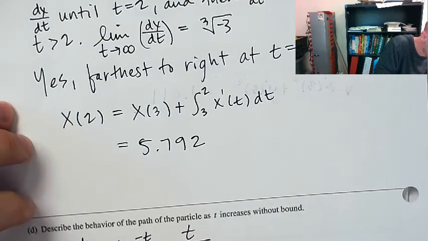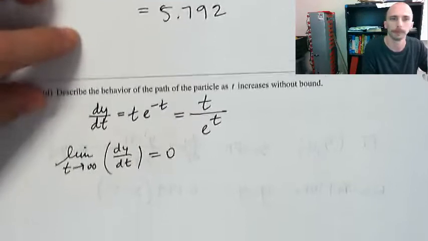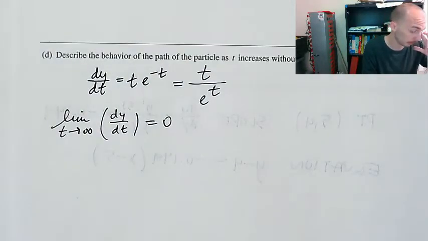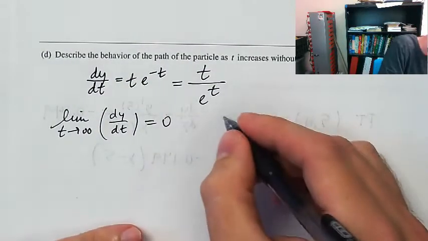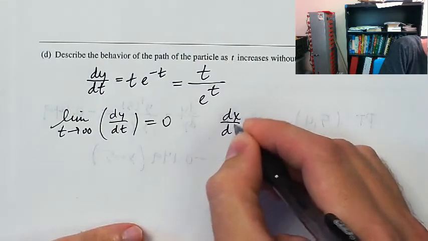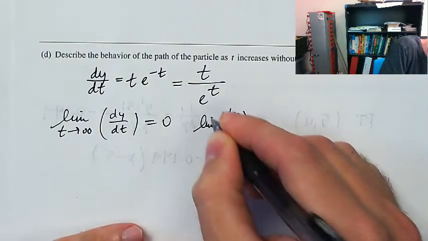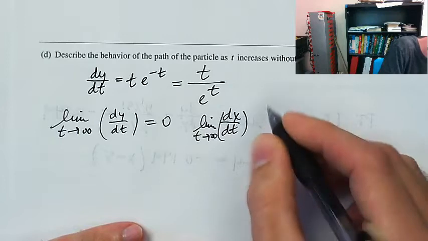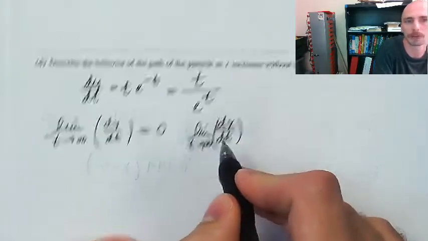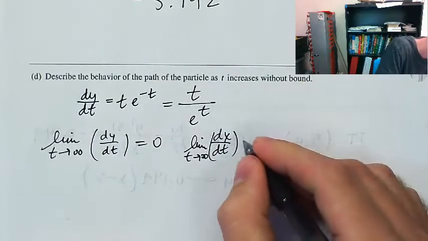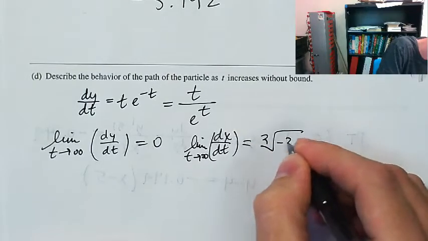I'm going to say that the limit as t approaches infinity of dy/dt is going to equal 0. Pardon me, I didn't realize that was not on screen. Okay. We found that the limit of dx/dt as t increases without bound, that means t goes to infinity, was the cubed root of -3.